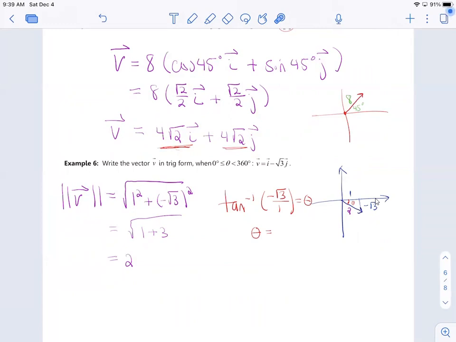We have to actually, based on our instructions, give the direction this way. I'll make it better so it stands out. This is the direction we have to give. So looking at our unit circle, that would end up being, I believe, 5 pi over 3.